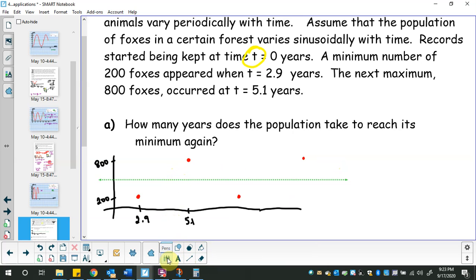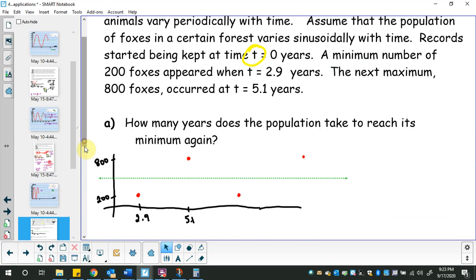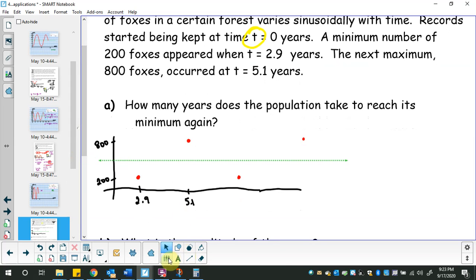So the first thing I'm going to figure out, because I can, is how many years pass between minimum and maximum. Because if I can figure out that space, this space is exactly the same, and this space is exactly the same, regardless of how good my picture drawing is.